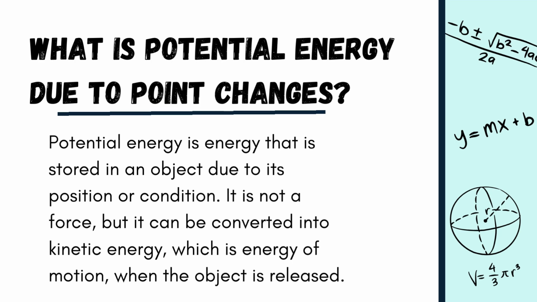So the formula for potential energy due to point charges involves the charges, how big they are, the distance between them, and a constant that describes how strong the electric force is. To make it short, electric potential is like electric push or pull at a point, and potential energy is the work you'd have to do to move charges against or with this push or pull.